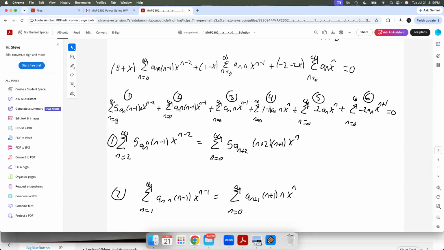So that's what I've done. I've restarted counting at 2 because the first two were 0 anyways. And then I raised all these up by 2 while dropping that down by 2. And you can check and see that we get the same thing.